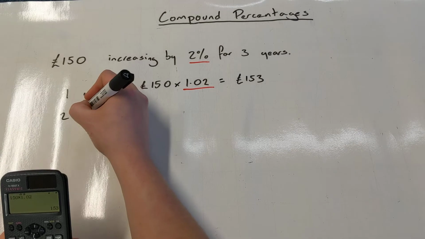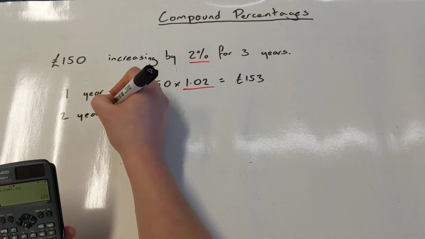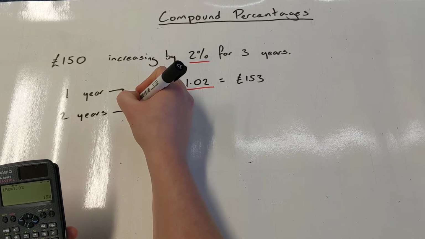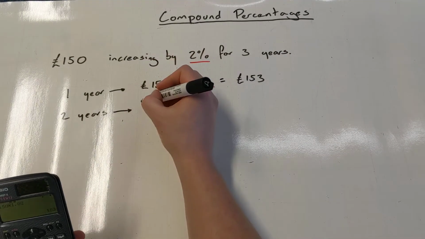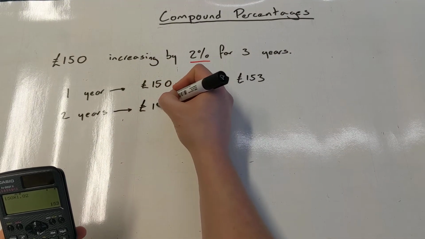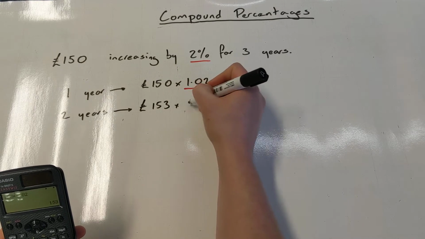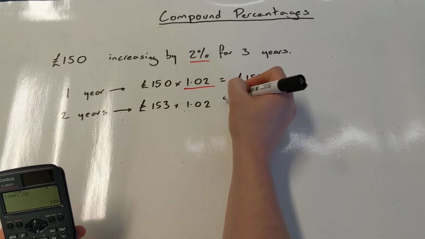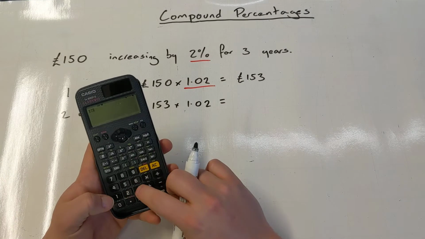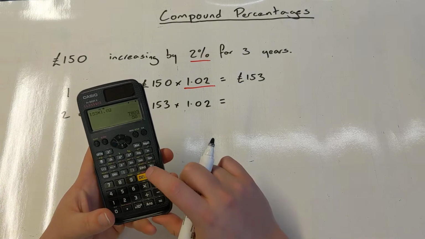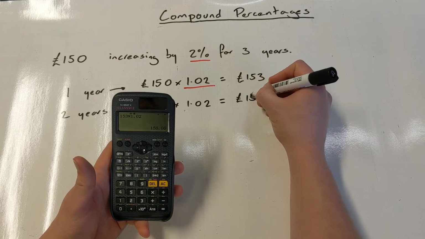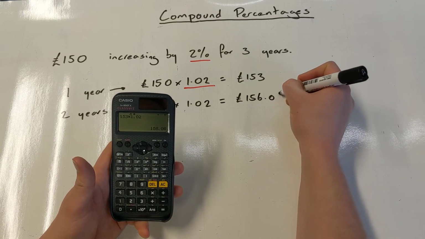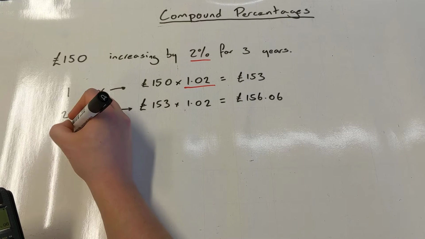So then after 2 years, now it's £153 that's increasing by 2%. So it's 153 times 1.02 again, which is going to give us £156.06. And then 3 years.